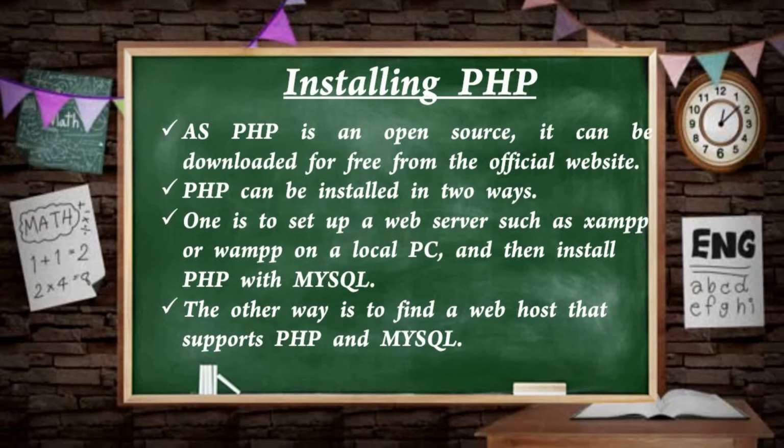Another way is you can find a web host such as GoDaddy or Net4India or BigRock, there are a lot of web hosts available, right? You need to find a web host that supports PHP and MySQL, right?